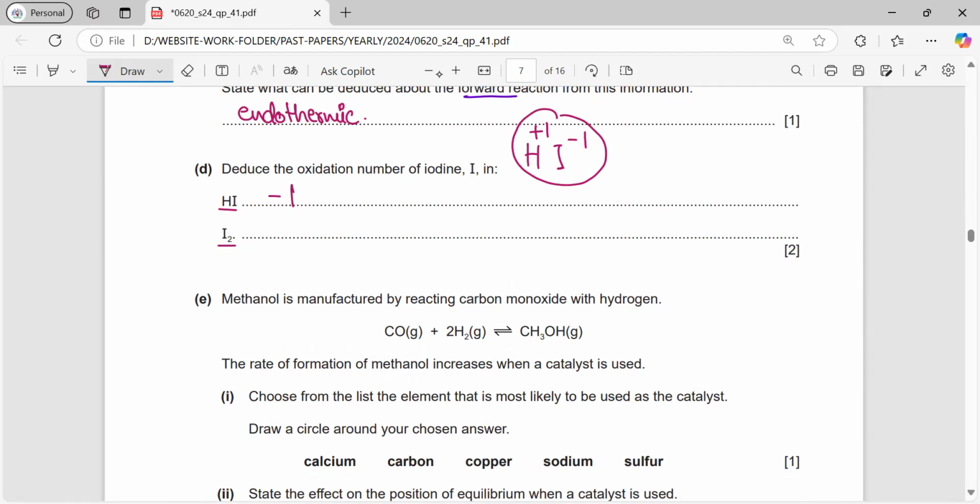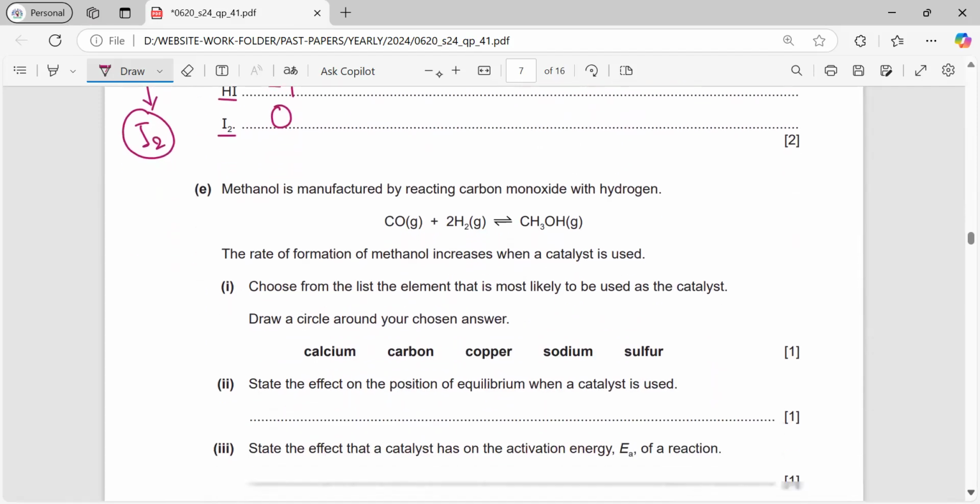And in I2, the iodine molecule, when the element is present as itself, meaning it is not combined with any other substance, its oxidation number will be 0.